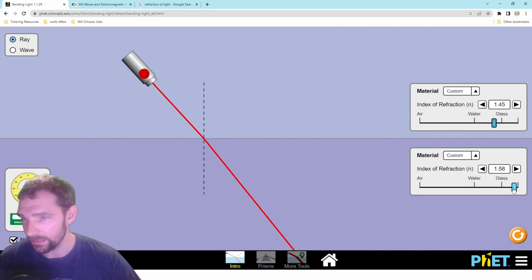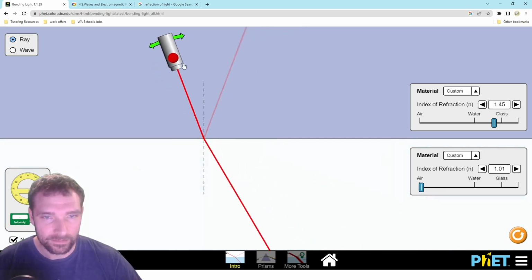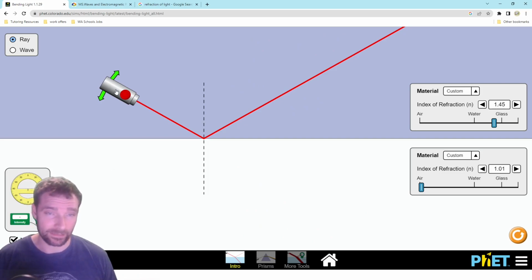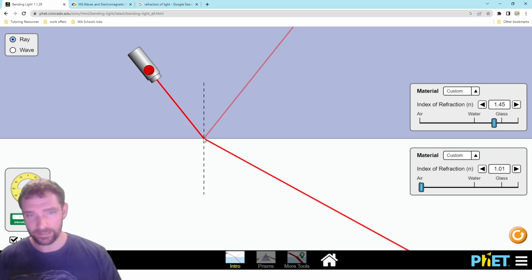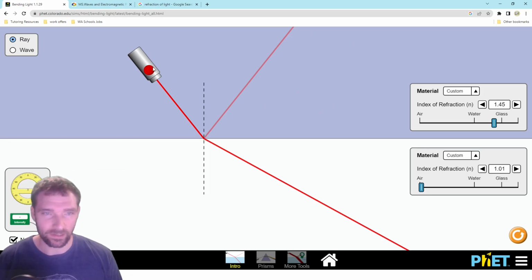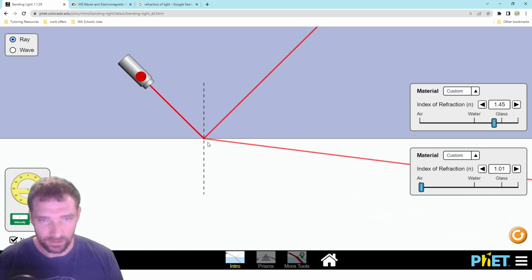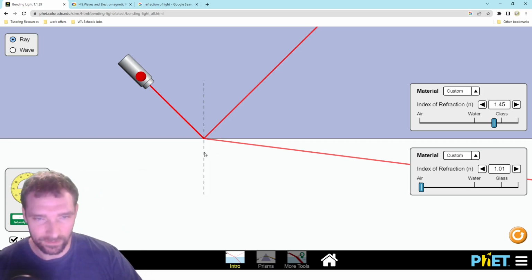But if I can make this be less dense, suddenly this light can all be reflected and not refracted at all. So there's this point at which this gets turned so much that the refracted light is going straight along the surface here. So you can see that this approaches going at a 90-degree angle relative to the normal here.